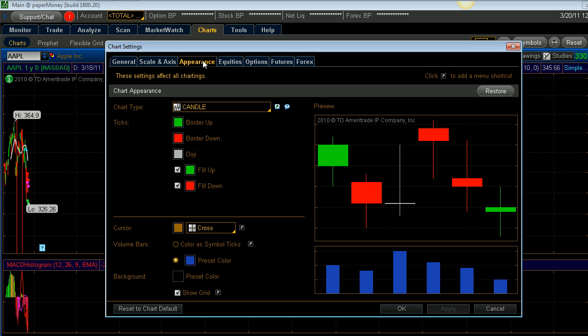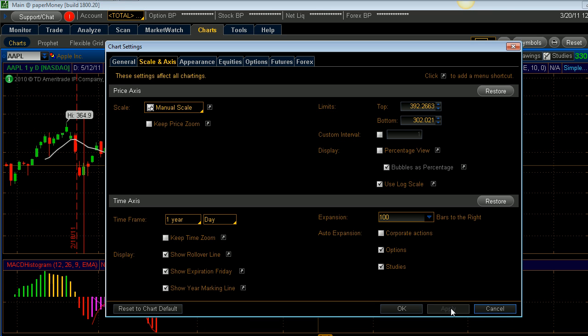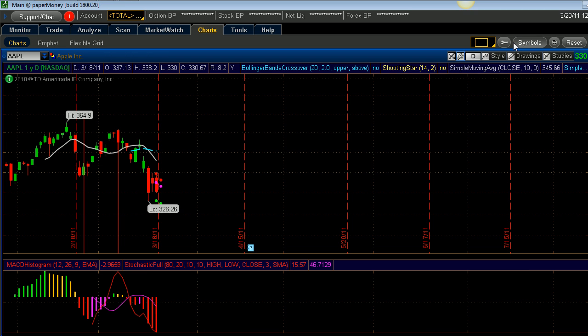Why is the chart all the way over to the left? Because I've been moving it around. How do I reset that? I go to expansion, click 100, click apply, and there you go. Now it looks more normal.